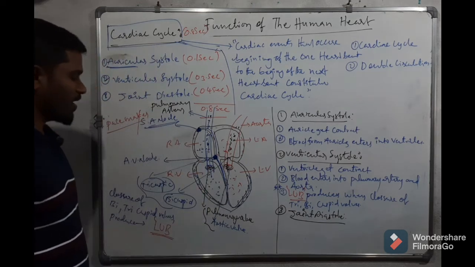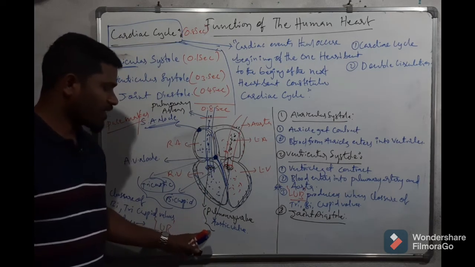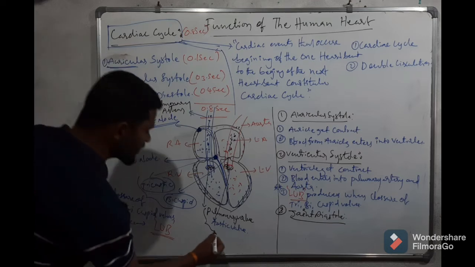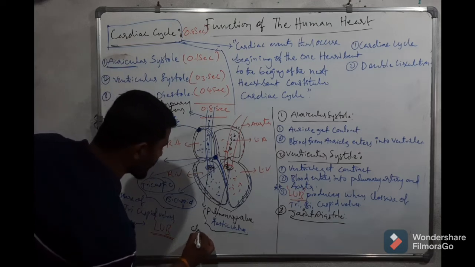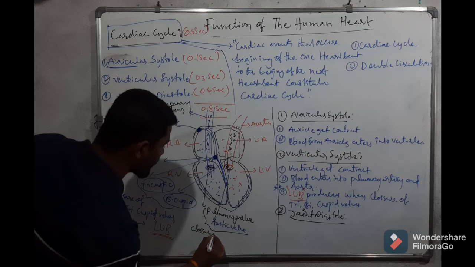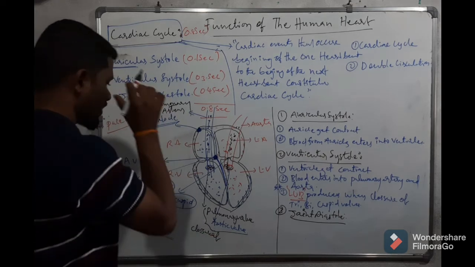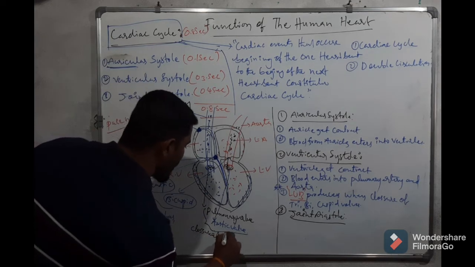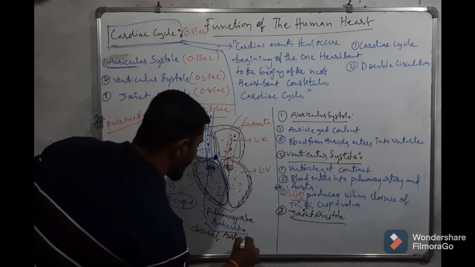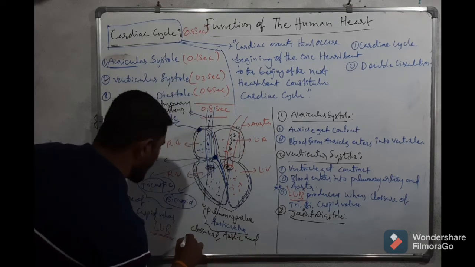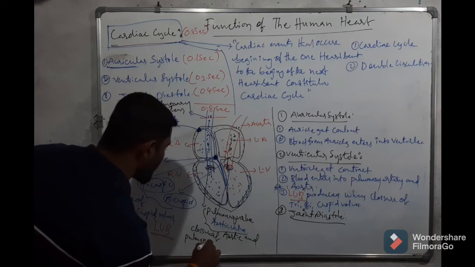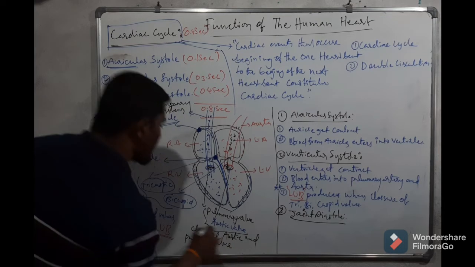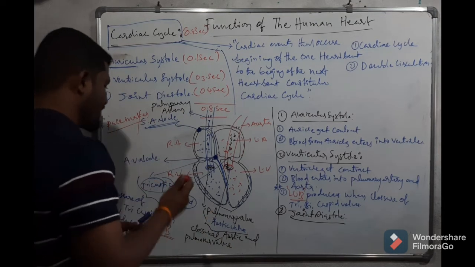The closure of the aortic and pulmonary valves creates a sound called dub.